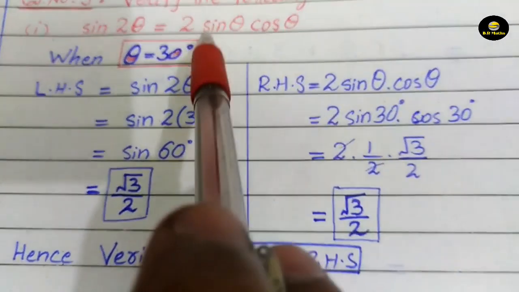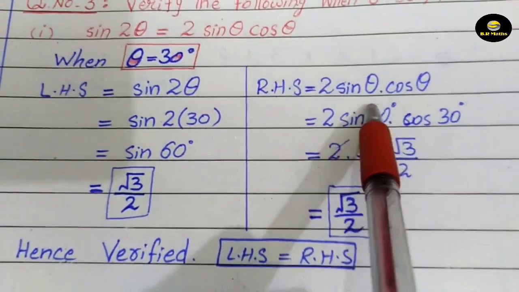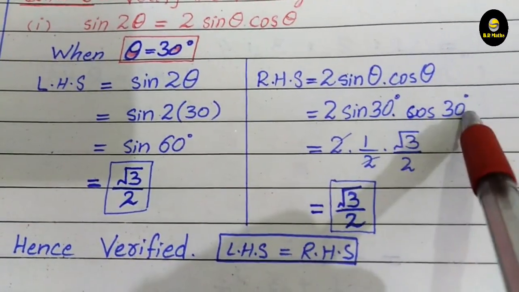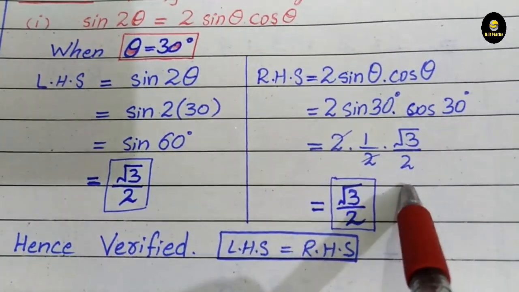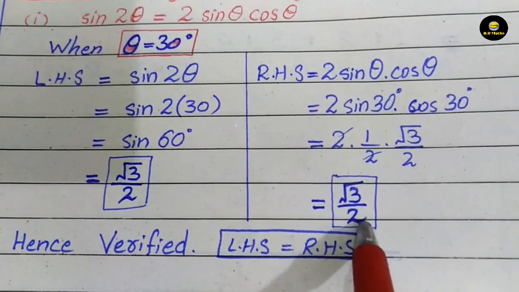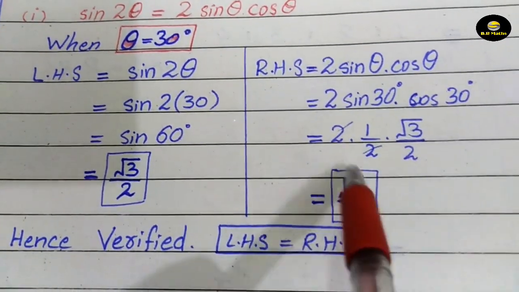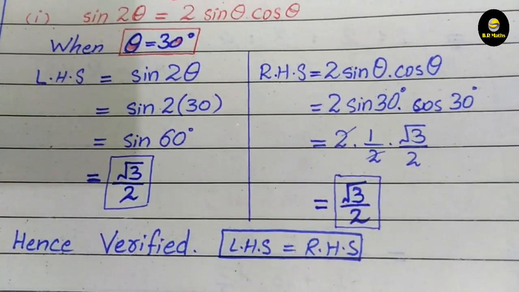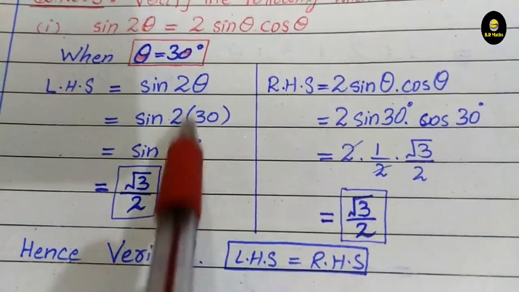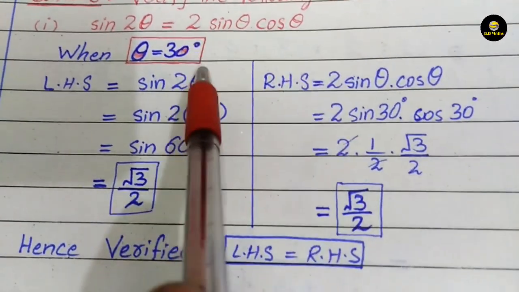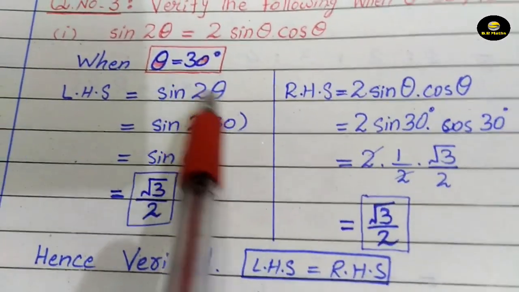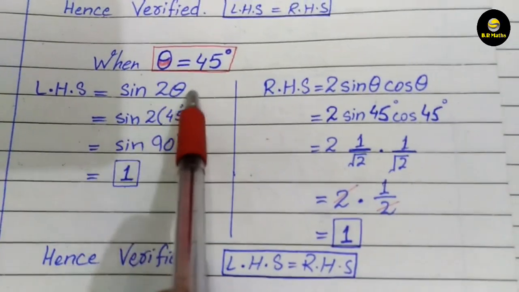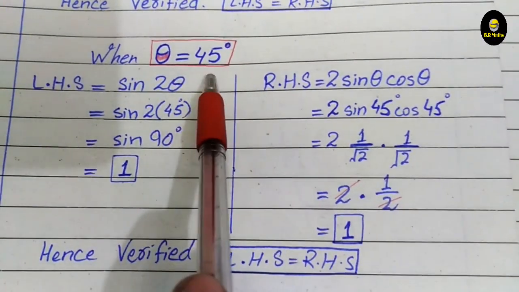And the right hand side is 2 sine theta cos theta. Sine 30 is 1 by 2, and cos 30 is square root 3 divided by 2. The 2s cancel with each other, and it becomes square root 3 divided by 2. So students, see, the left hand side equals the right hand side. So this identity is satisfied for the angle 30 degrees.